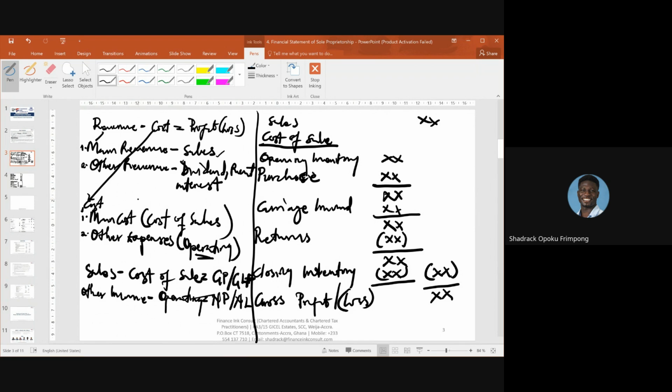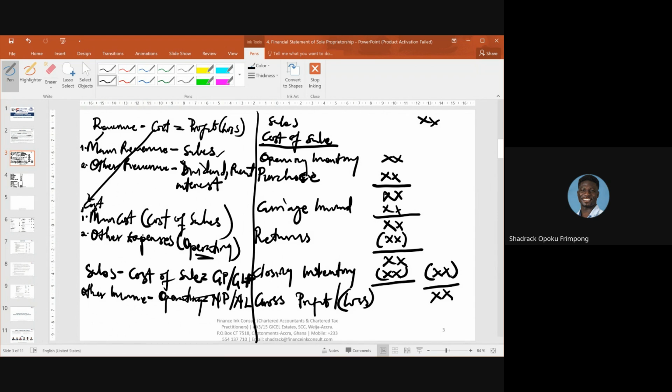So if we sell laptops, our main expense will have to do with the cost of the laptops. You get it. Now, this main expense is not limited to the amounts that we pay to the suppliers, but any other expense we incur in bringing the laptop to our workplace or our warehouse or our showroom. So depending on what you sell, if it's a car, then your showroom, right?